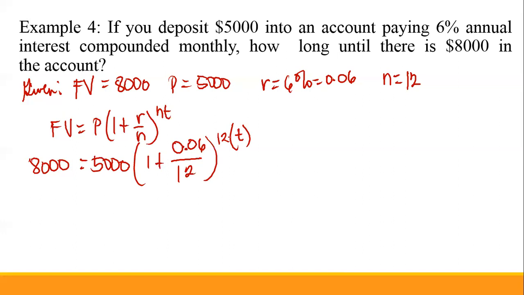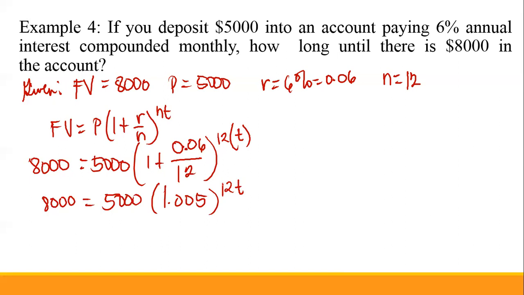Ayan. So, we have to use the order of operations to simplify the problem. Keep as many decimals as possible until the final step, right? So this is 8,000 equals 5,000 times 1.005 raised to 12t.